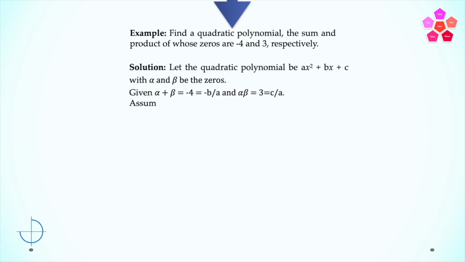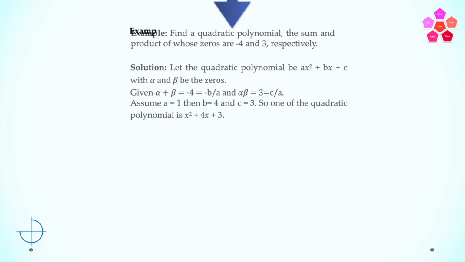Solving this, we assume that a is equal to 1, then b is equal to 4, and c is equal to 3. So one of the quadratic polynomials is x squared plus 4x plus 3. See how, if we have the sum of the zeros and the product of the zeros, we can arrive at a quadratic polynomial. Let's take another example.